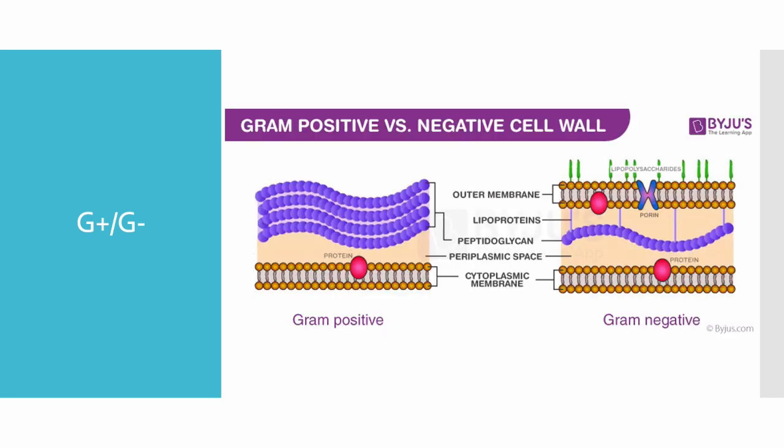Why is it important to know the chemical composition? Just one of the reasons: it has a direct connection to how we can fight bacteria, because different bacteria can be attacked by different antibiotics through different chemical structures.